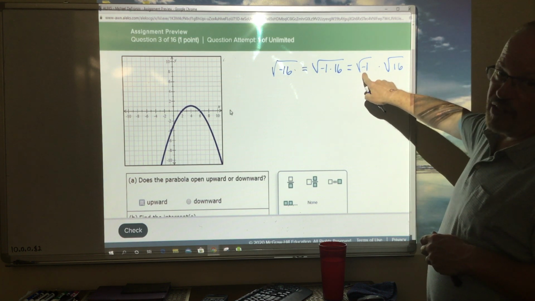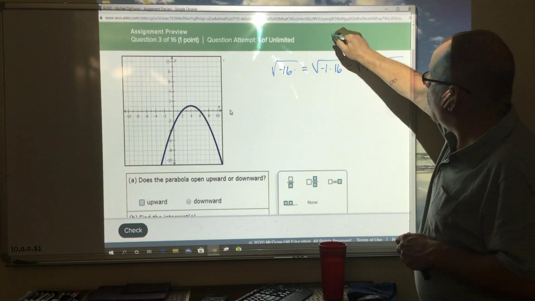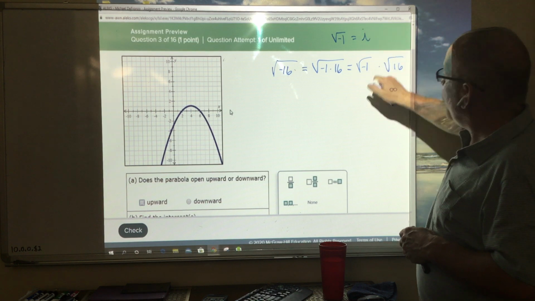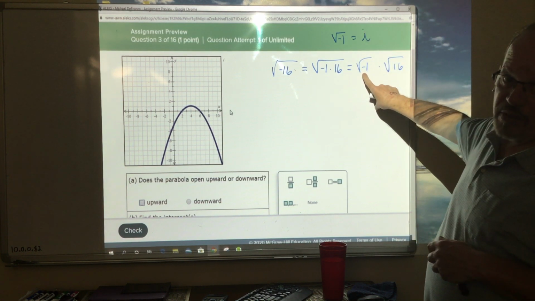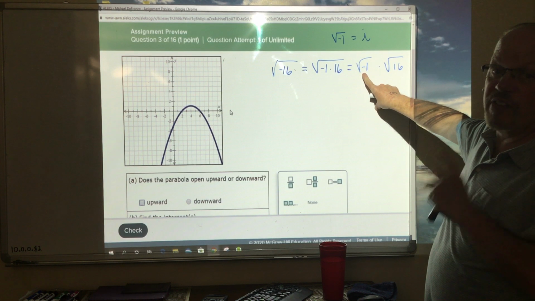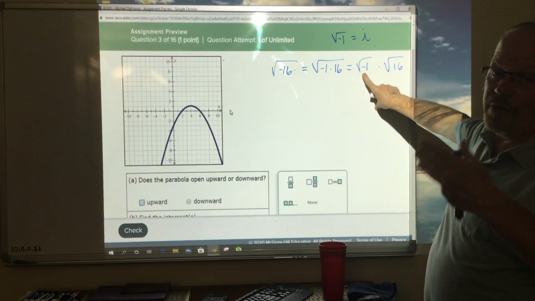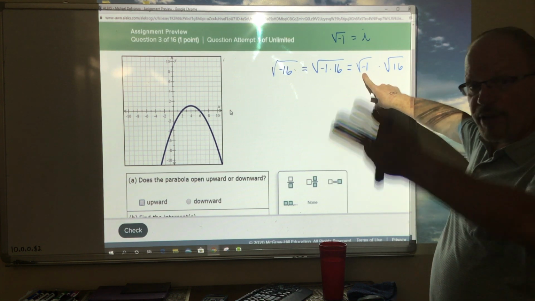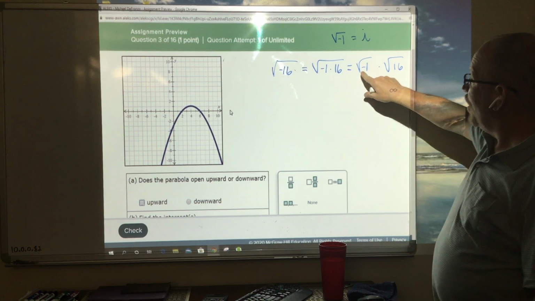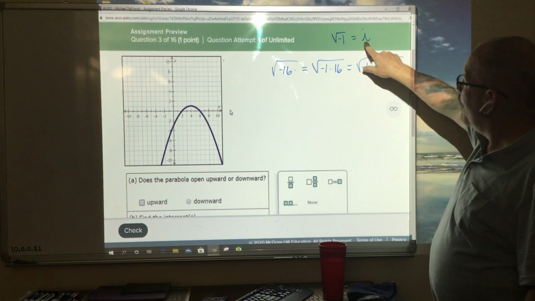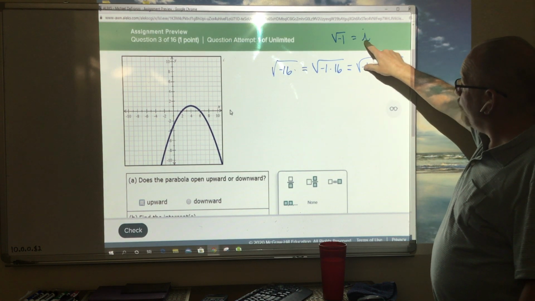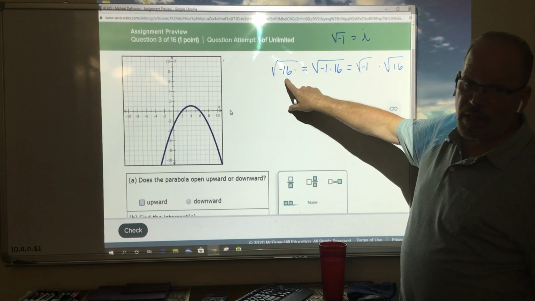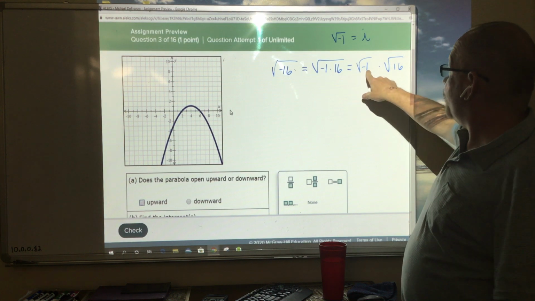This doesn't exist, so what we do is we invent the imaginary number i to be a placeholder for this. It's going to hold its place. It's like a variable. You put a variable in to hold something's place, you do the math, and then you can put your number in and see what you get out. This is a little different, but we make this a placeholder so we can do the math on something that is undefined.